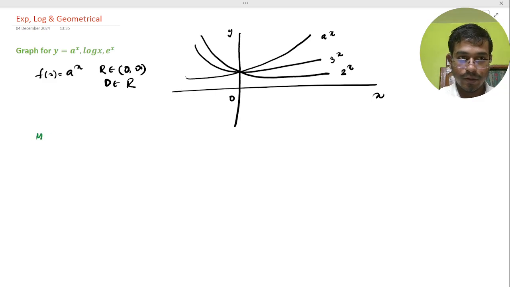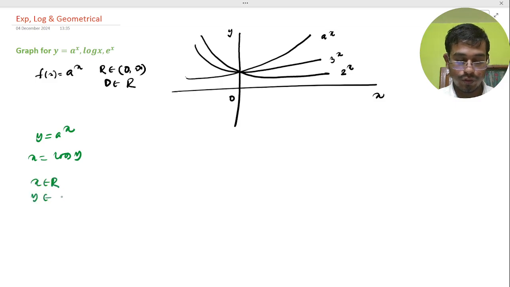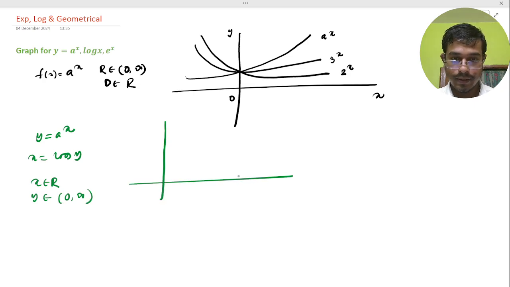So y equal to a to the power x, so x equal to log y, where x belongs to R, and for y the domain and the range is 0 to infinity, and basically this one is the graph.